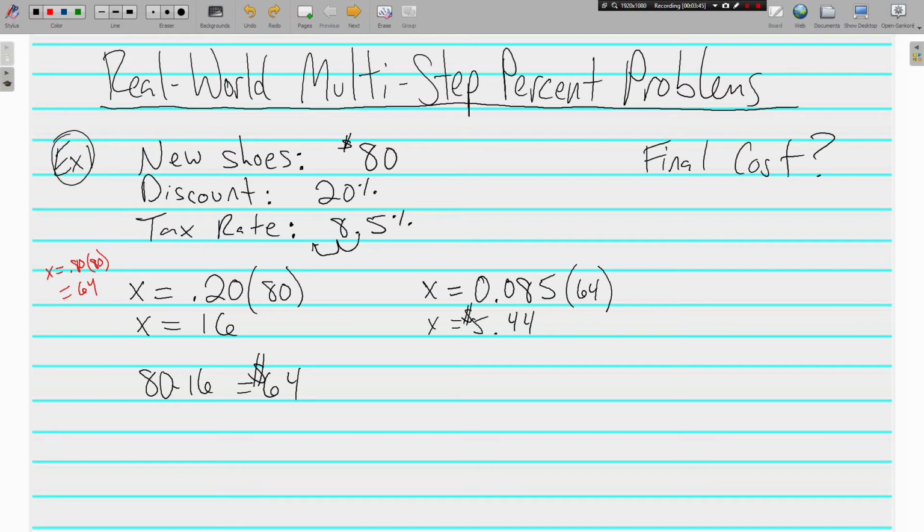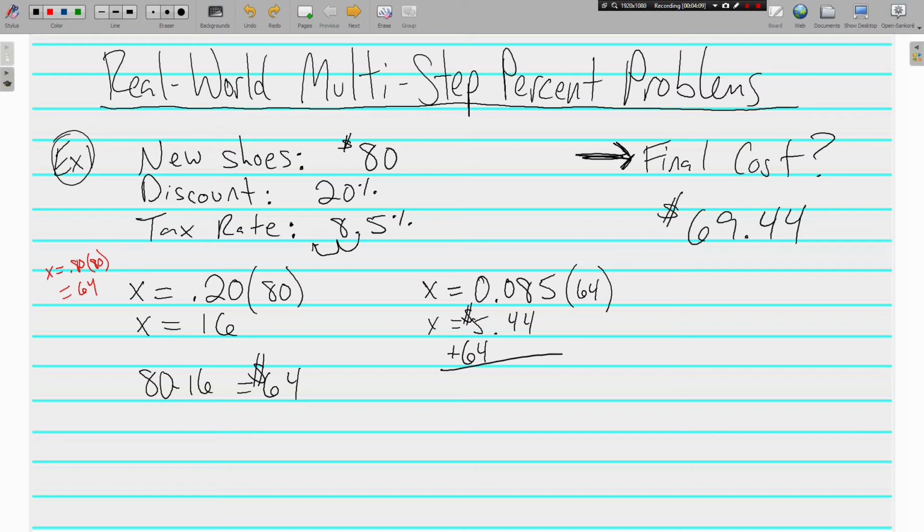That's the tax amount, but remember, we're looking for the final cost. So we take that $5.44 and add it on to the $64, which is the discounted price of the shoes, and that gives us a final cost of $69.44.